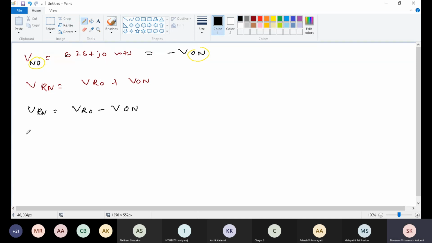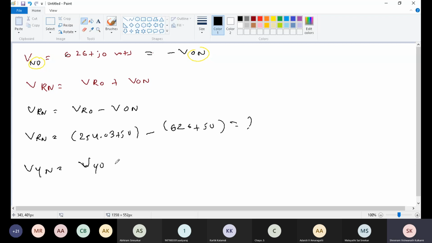Now V_RN equals my V_R0, which is 254.03 j0, and this is 260.26 j0. I'll get some value. For the same, V_YN equals V_Y0 minus V_ON, then V_BN equals V_B0 minus V_ON. Okay, I'll get some value.